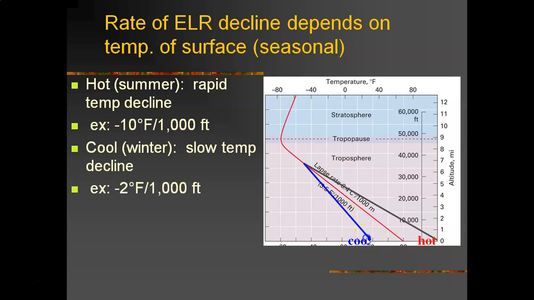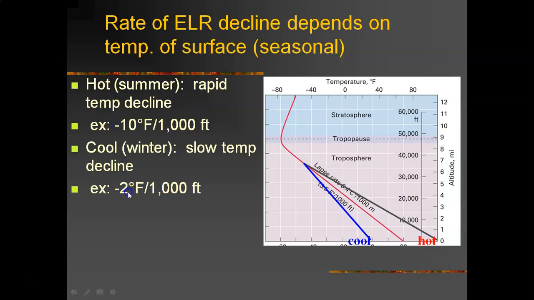A typical rate for us around here would be maybe 2 degrees, 3 degrees, something like that, for every 1,000 feet you go on up. So a much lower rate of temperature decline since it's already cooler aloft. We're going to use these numbers. We're going to have a wintertime example when convection can't happen, and then we're going to have a summertime example.